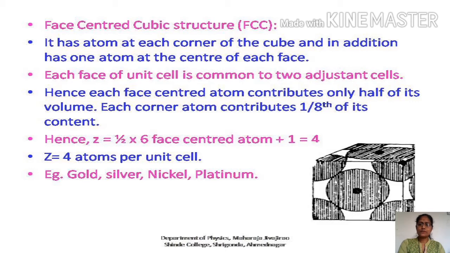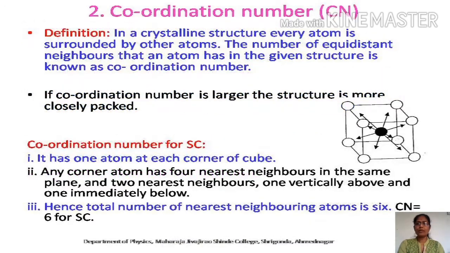In today's lecture, we are going to see what is coordination number and what are the values of coordination number for SC, BCC and FCC structures. What is coordination number? Coordination number is defined as the number of equidistant atoms the given atom has in a crystal structure.